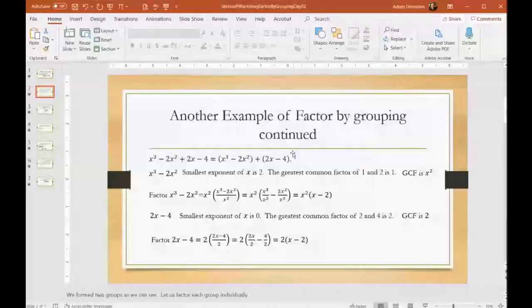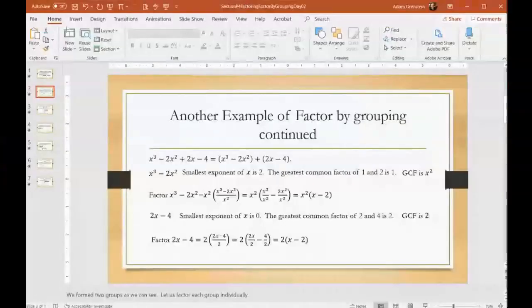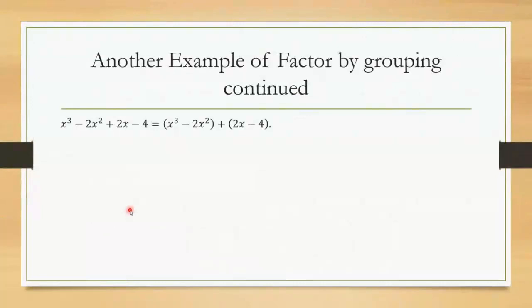what we have to do next, remember, is form 2 groups of 2. That's what we do next. The first 2 terms go in one group. The second 2 terms go in another group. Then we handle each group individually.